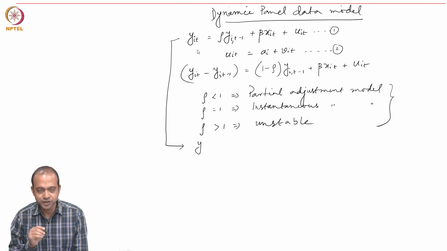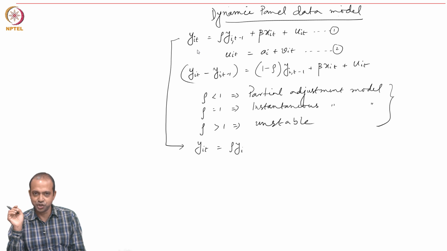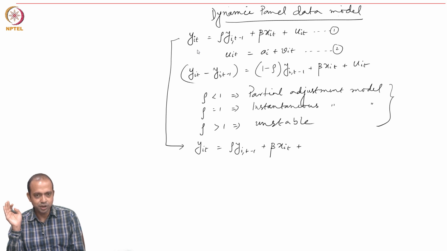That means it leads to endogeneity, because A_i and V_it constitute the composite error term. So, there is endogeneity in this model and OLS is not applicable.